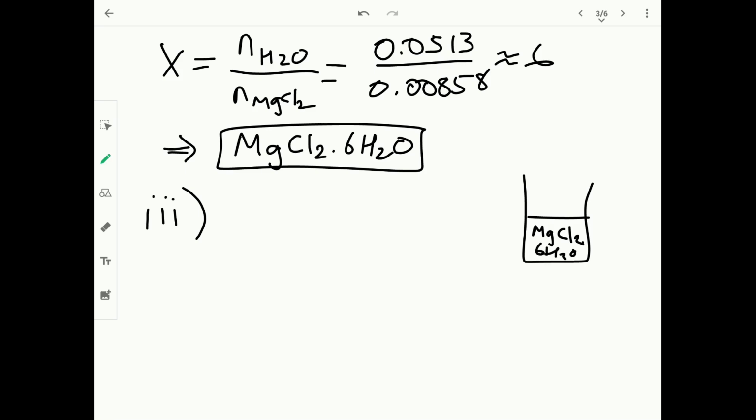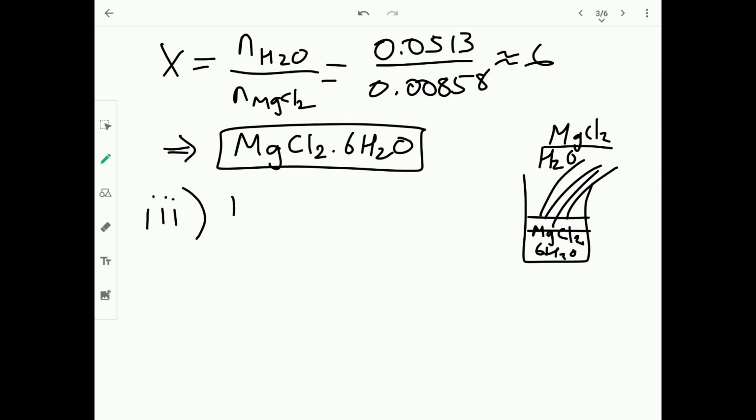Some student who was not handling it properly lost some of it outside. Now we have less left. Do you think we only lost H2O in that? No, right? We lost MgCl2 and we lost H2O. But in our calculations, all we've assumed is we're only losing H2O. We haven't taken into consideration that MgCl2 was also lost.